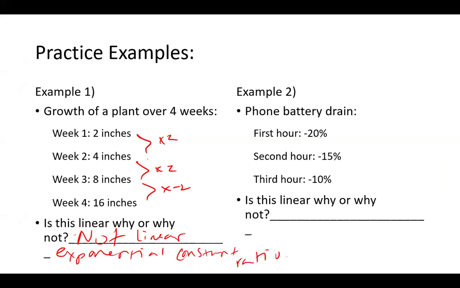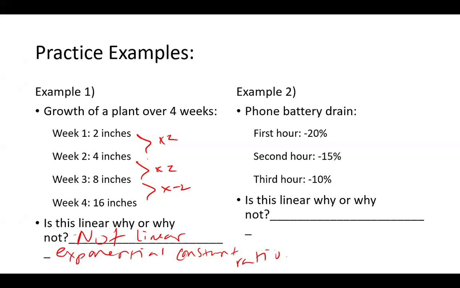And tell me why. All right, we got a linear.